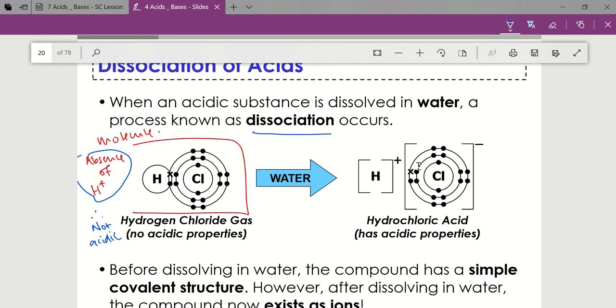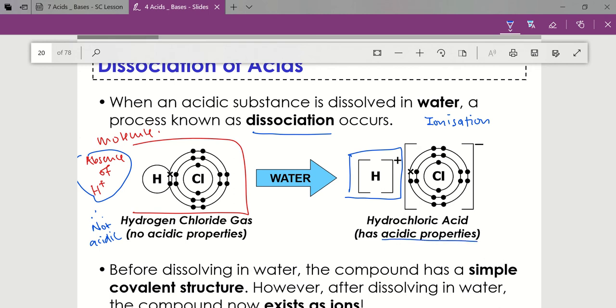But dissociation is basically the idea where the molecule is broken down into ions. And sometimes you also hear another word being mentioned quite often. You may also hear of the word ionization. So the idea is similar, is that a molecule has been turned into ions, right? And so over here, once dissociation of the molecule has taken place, you would notice that hydrogen ions are created. Only when hydrogen ions are created, it will then have acidic properties.